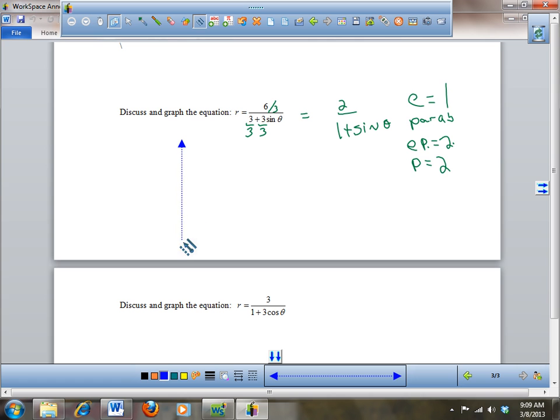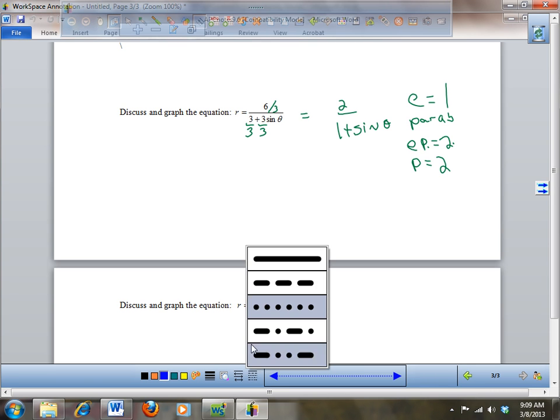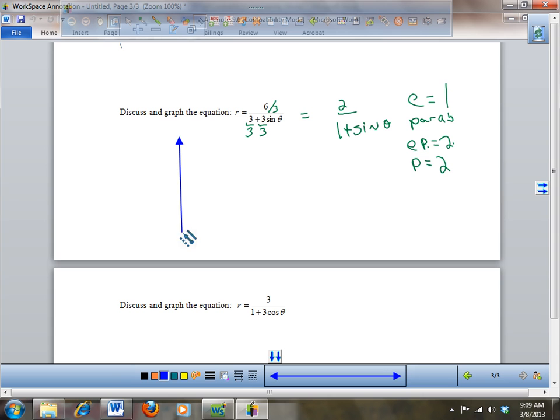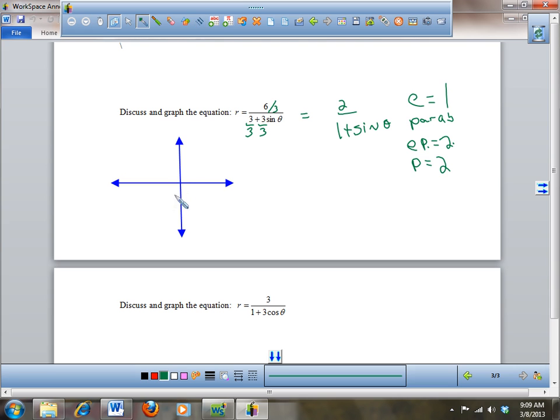And now just graphing, this one's real quick. I'll use an axis. You don't have to plot that many points on this one because, first of all, I know that this is a parabola. They always have a focus at the pole, right?